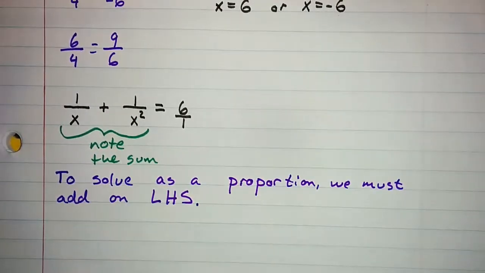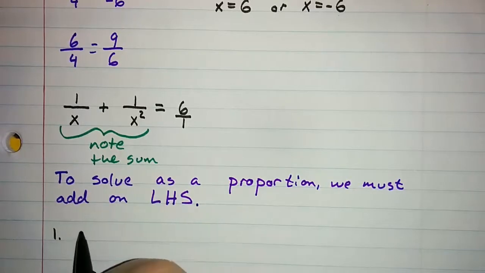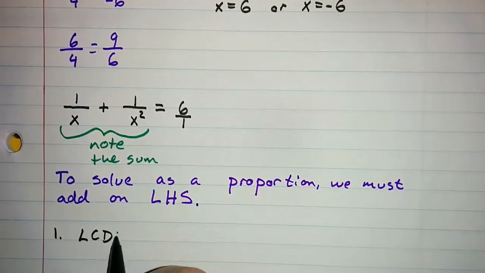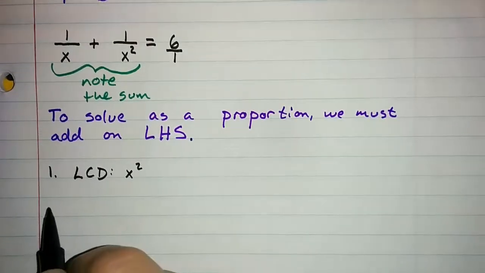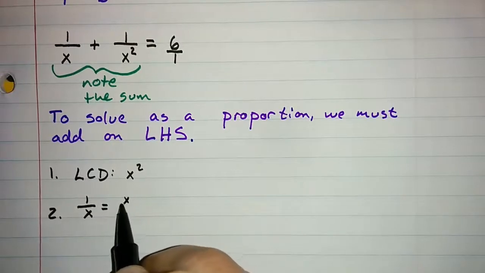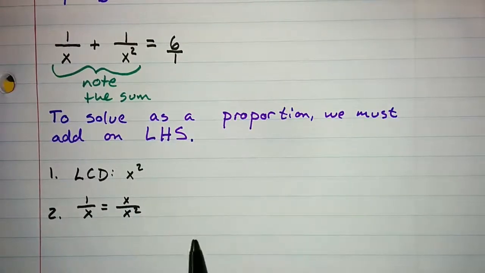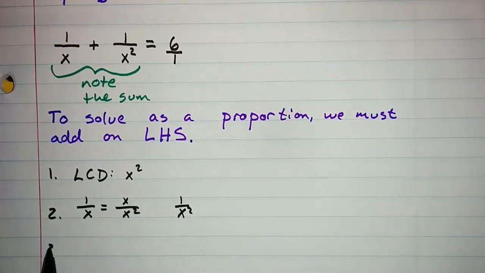So let's see. The least common multiple of x and x squared will be x squared. 1 over x is x over x squared. 1 over x squared stays put.